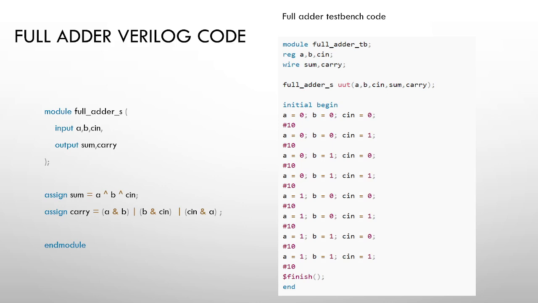Before explaining the Verilog code, remember one thing: don't bother about the logic placed here. Once you get into the further sessions of Verilog, you will know how to write the logic.